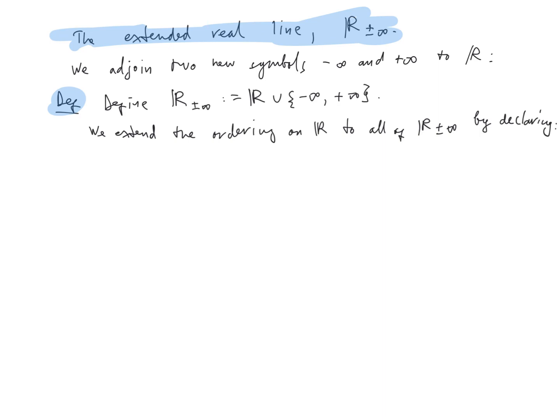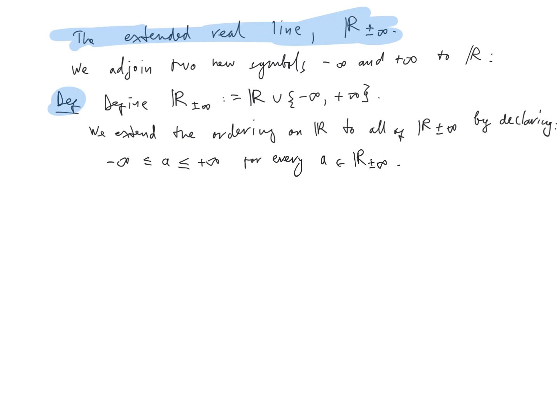So for this, we declare the following inequalities. So we will say that minus infinity is less or equal than A is less or equal than plus infinity for every element A in the extended set R plus minus infinity.